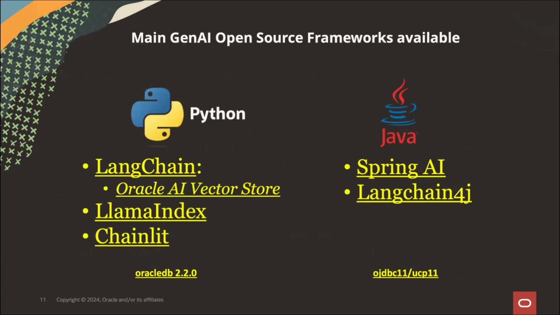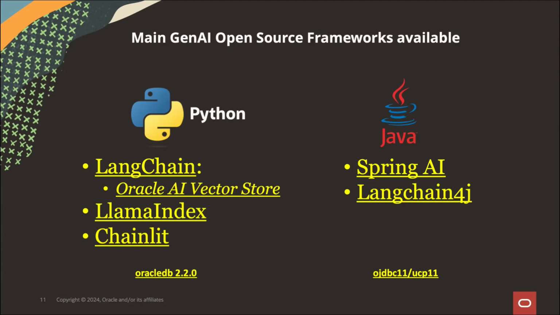But let's talk about implementing RAG. We have focused so far on the Oracle database only, the vector store. On the market for Python, LangChain is available, with an implementation of a vector store library for Oracle AI, so you can use LangChain straight with the Oracle database. For Java, the main frameworks available are Spring AI and LangChain4j, which is a port of the LangChain framework.